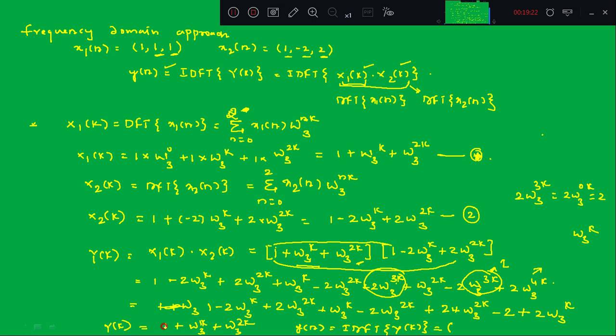So just take the coefficients of all these: 1, 1, 1. So this is nothing but your y of n, that is the circular convolution of x1 of n and x2 of n. Understood now? Thank you.